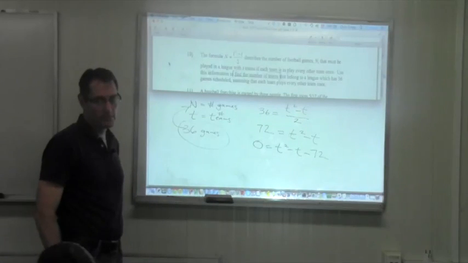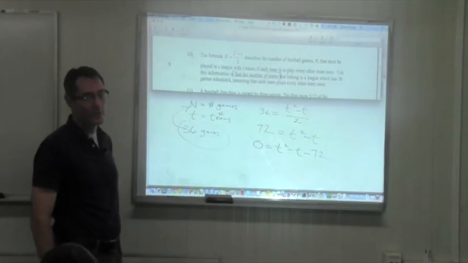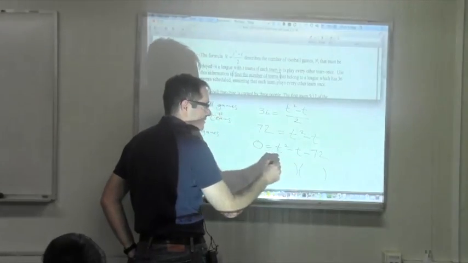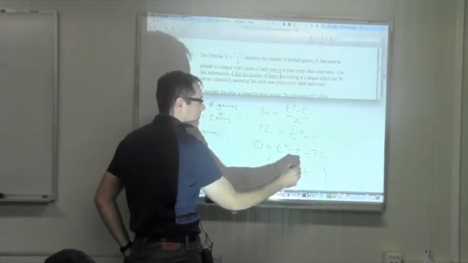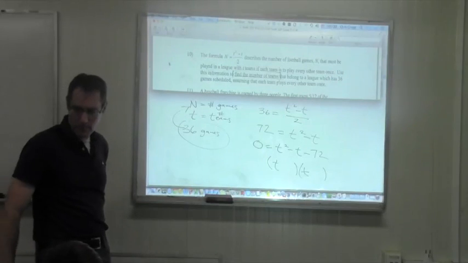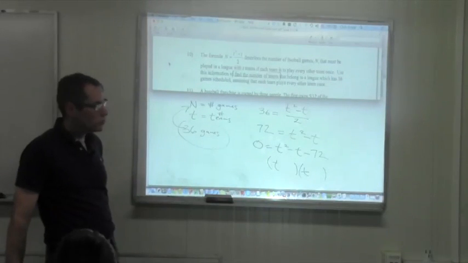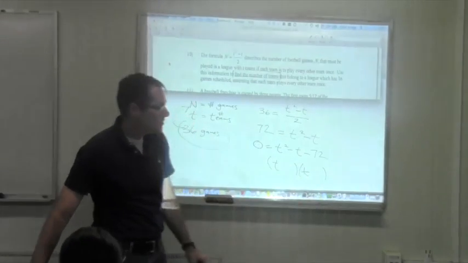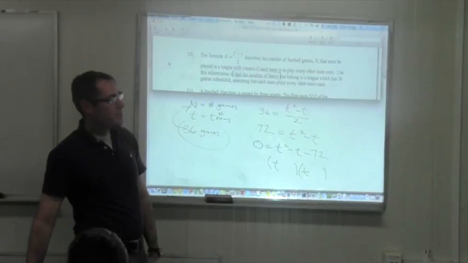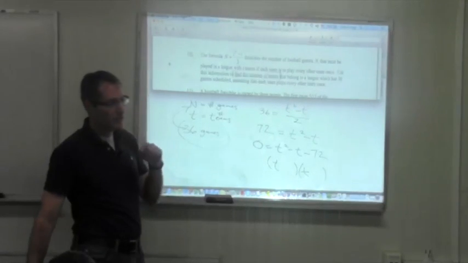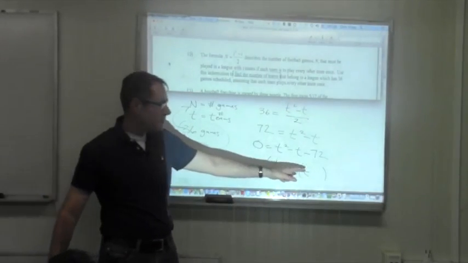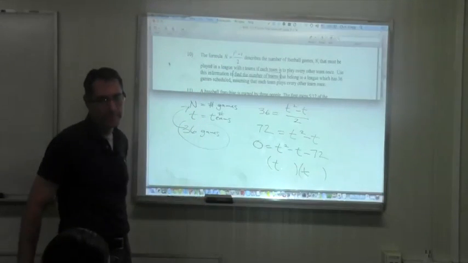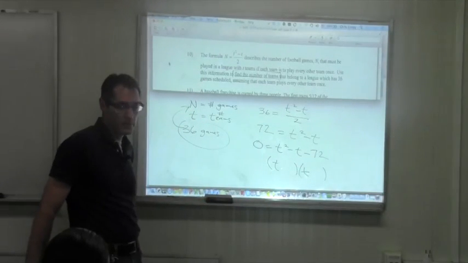You can factor it, or you can do the quadratic equation. But this one is factorable pretty easily. You're going to be doing kind of reverse FOIL to factor, remember?